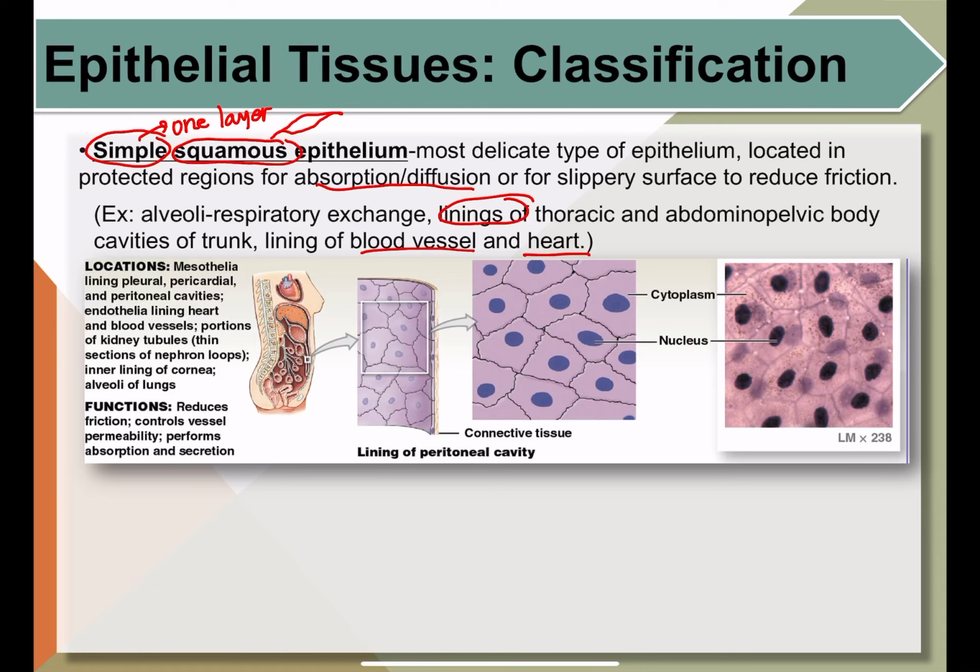So there are three areas. One is where we need quick exchange by diffusion. Second is where we need to reduce friction, like the serous membranes that line your body cavities, your lungs, your heart. And thirdly, in your blood vessels, where we need quick exchange. That's another area where we have simple squamous epithelium.